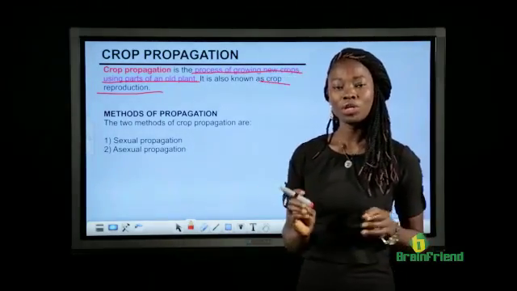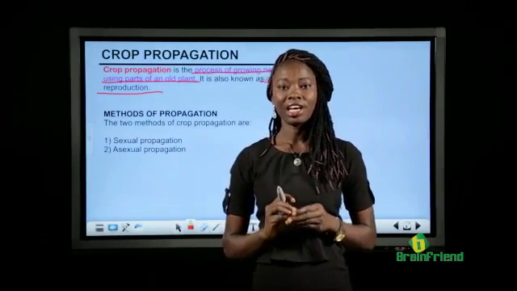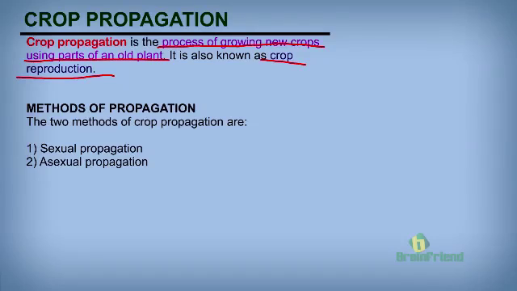There are different methods used in crop propagation, and they are sexual propagation or asexual propagation. Remember, these can also be called sexual reproduction and asexual reproduction.